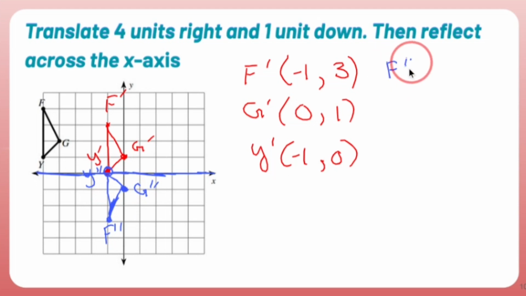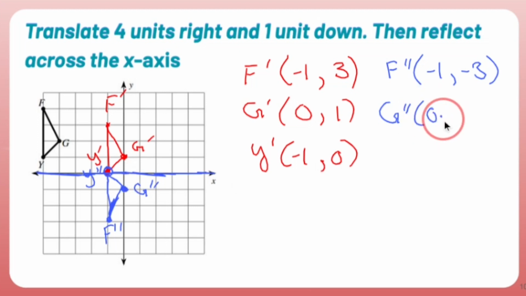F double prime, just to stay consistent. If I start at the origin, F double prime appears to be left 1, down 1, 2, 3. So left 1 is negative 1, down 3 is negative 3. G double prime appears to me I don't move, but go down 1. So 0, -1.